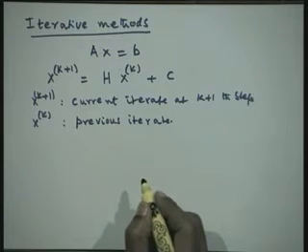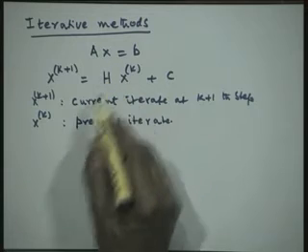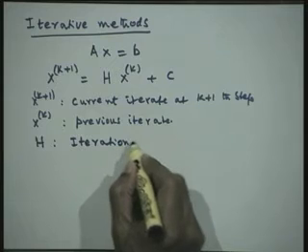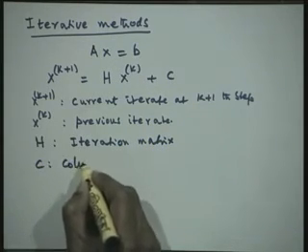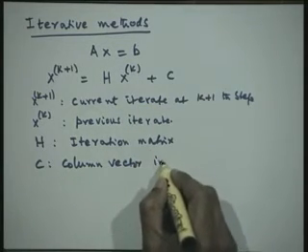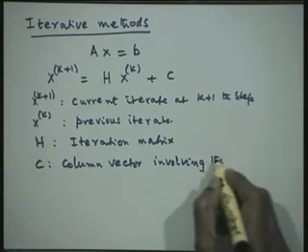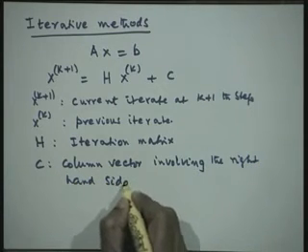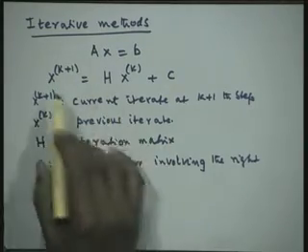The method connects the current iterate with the previous iterate, wherein this H is called the iteration matrix, and c is a column vector involving the right hand side, b. So, we would like to derive an iterative method which would look like this.